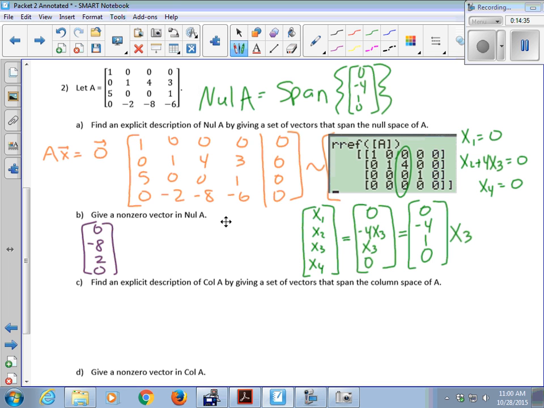All right, so if I want to find an explicit description for col A by giving a set of vectors that span the column space. So remember, span is the set of all linear combinations, right? So give me a set of vectors that when you take all their linear combinations, you get the column space. It's kind of a straightforward question. Maybe it's too easy.